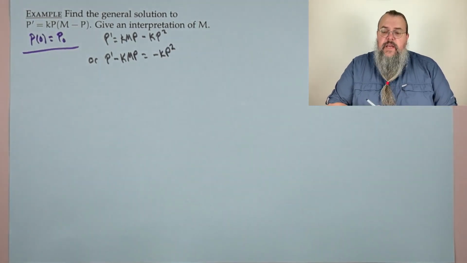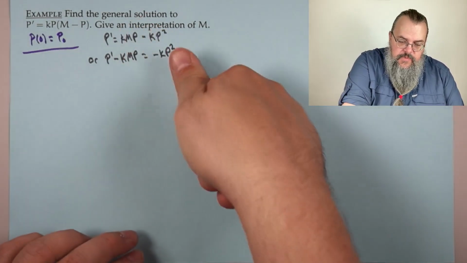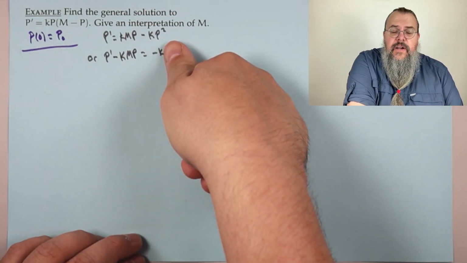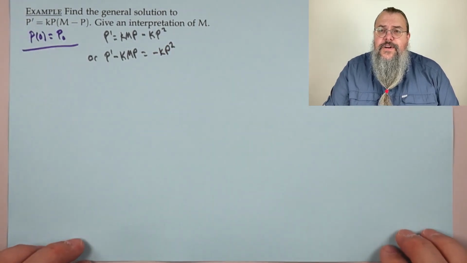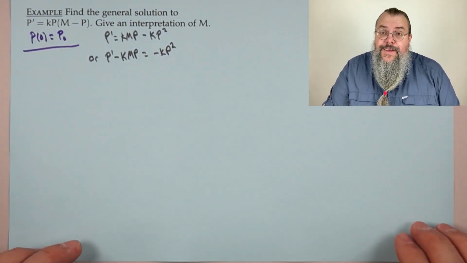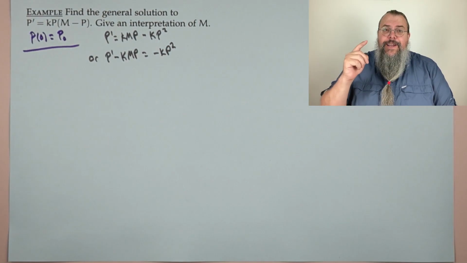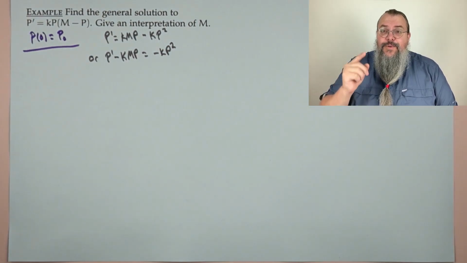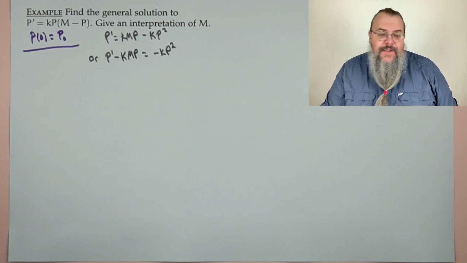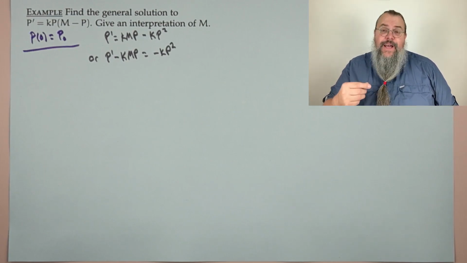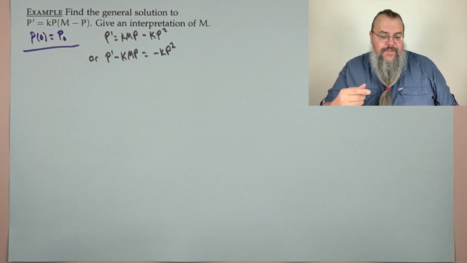And using our advanced thumb technology, if we covered up the p squared, we'd say, boy, that looks a lot like a linear first order, because it would be. And we say, oh wait, that means this is Bernoulli. So let's use Bernoulli so we get more practice, because who doesn't like more practice? We always love more practice.